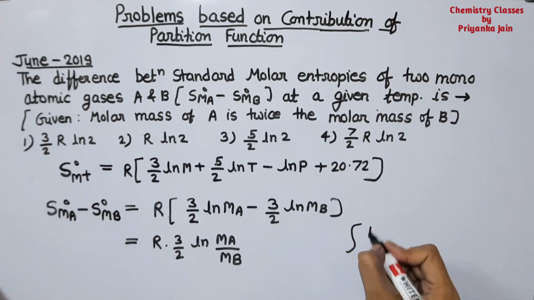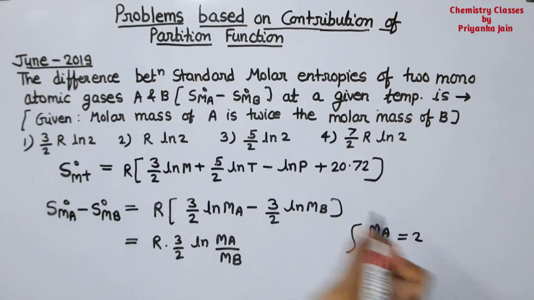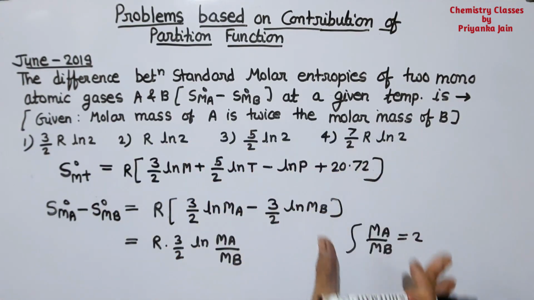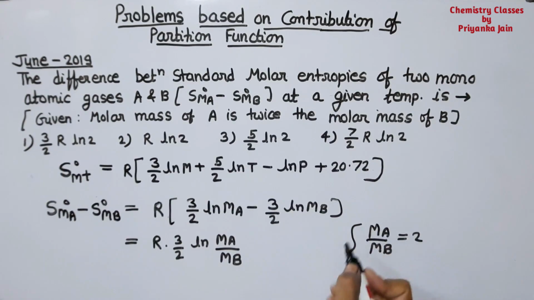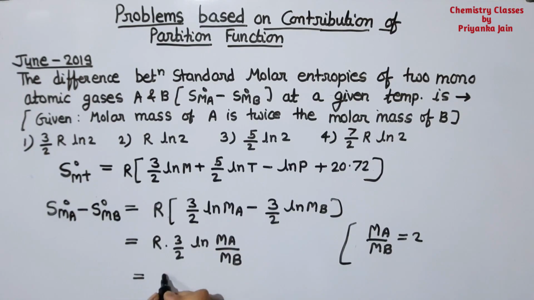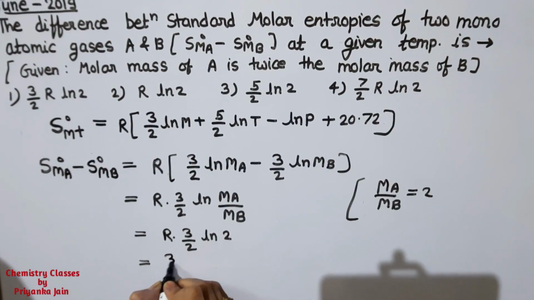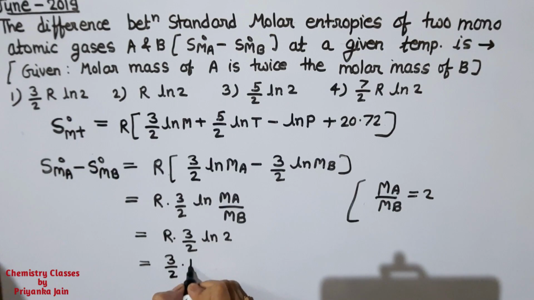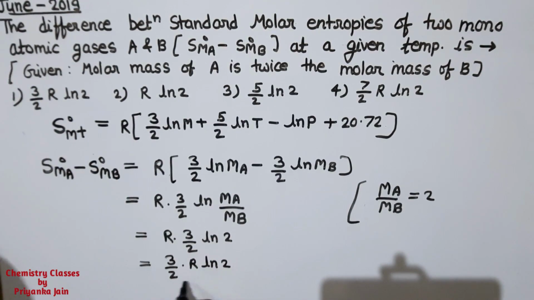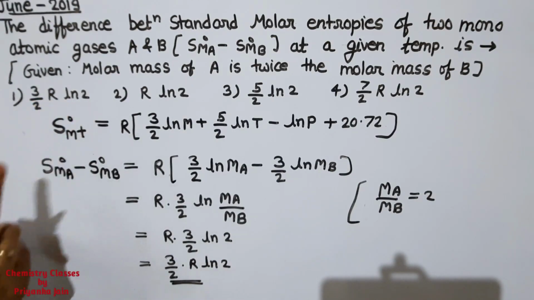We have been given that MA upon MB is equal to 2. It means the molar mass of A is twice the molar mass of B. So we can put it here and write it as 3/2 R ln 2. This is our answer. Now you can match it with the options. See here, option number 1, 3/2 R ln 2. This will be the right answer.